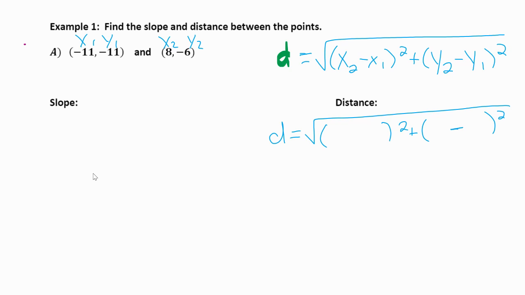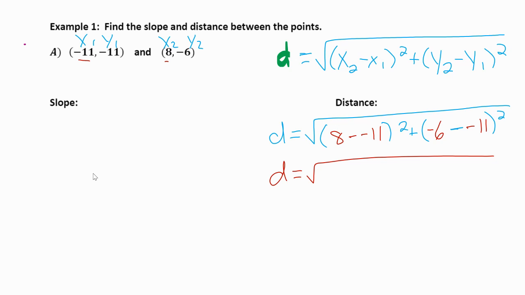So when I look at this, I'm going to write these squares. I have a subtraction sign, and now I can substitute my values in. So I have my x2 and x1, that's going to be 8 minus negative 11. And then my y's are negative 6 minus negative 11. Then we can simplify that out.